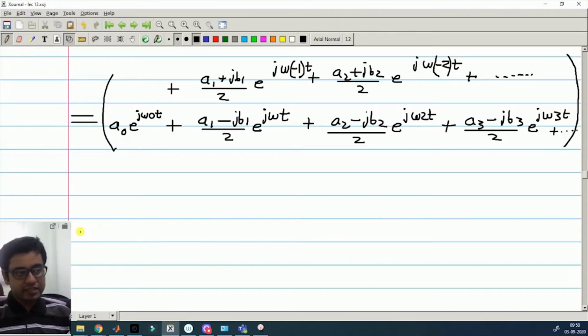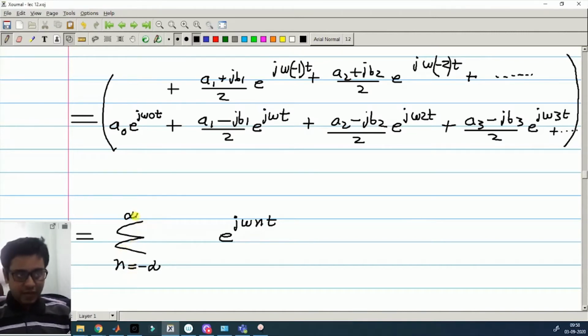So that means I can write this as a sum over e to the power j omega n t, where n runs from minus infinity to plus infinity, all integers: plus, minus, 0, everything.